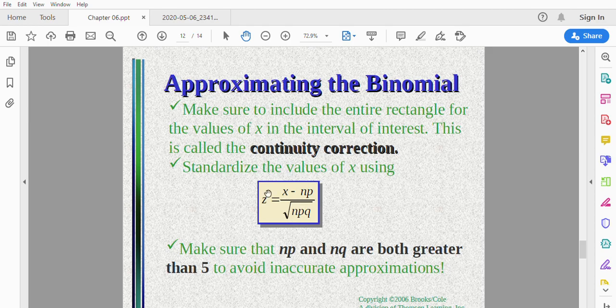This is the way to standardize the value of x for the binomial distribution. We also have to make sure that np and nq are greater than 5, to avoid inaccurate approximation. To approximate the normal from the binomial, we have to make sure that np and nq are greater than 5.